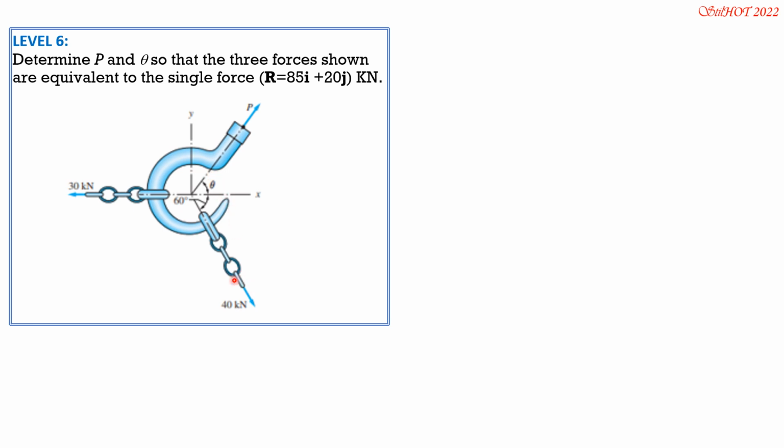The x component of 40 is also positive, 40 cosine 60, then minus 30, then equate to 85. So Rx is 85 and it is P cosine theta plus 40 cosine 60, then minus 30.